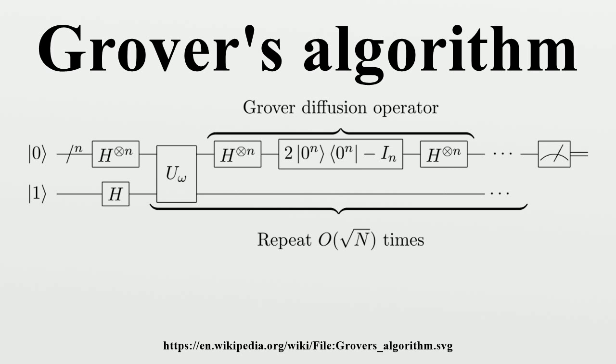Optimality. It is known that Grover's algorithm is optimal. That is, any algorithm that accesses the database only by using the operator U omega must apply U omega at least as many times as Grover's algorithm. This result is important in understanding the limits of quantum computation.